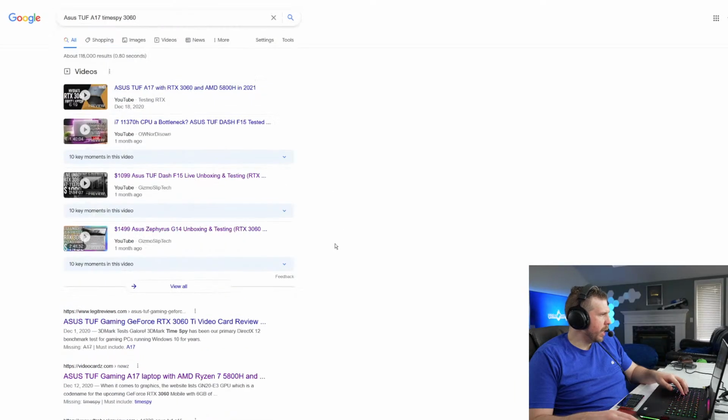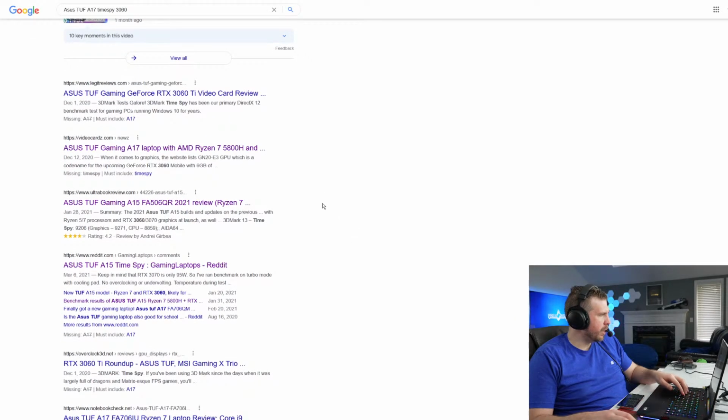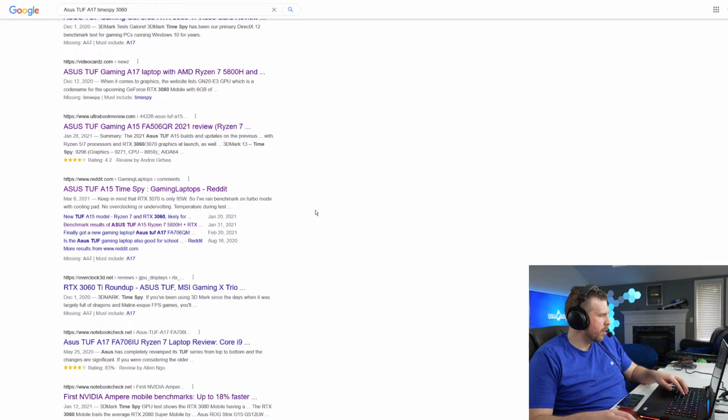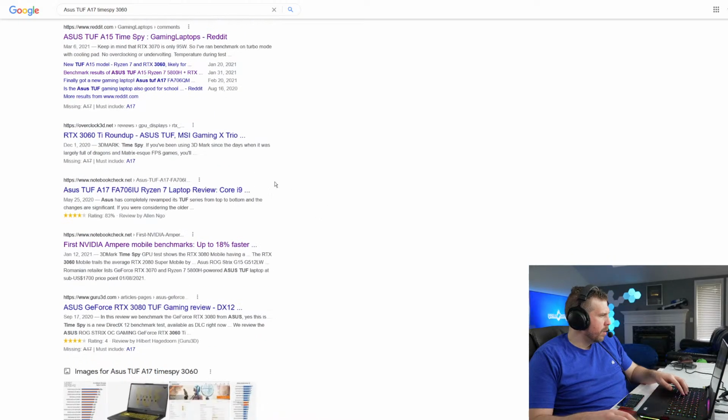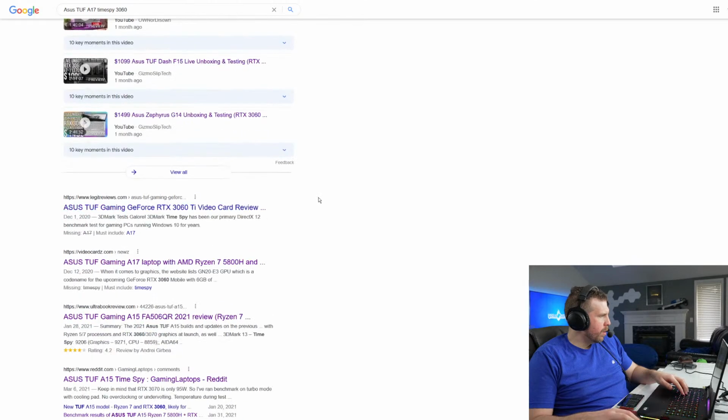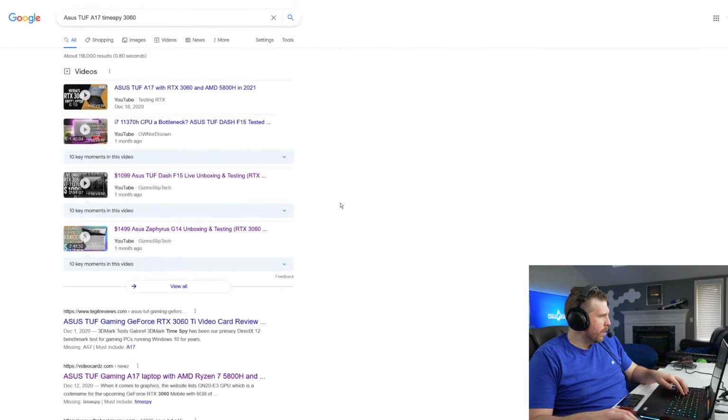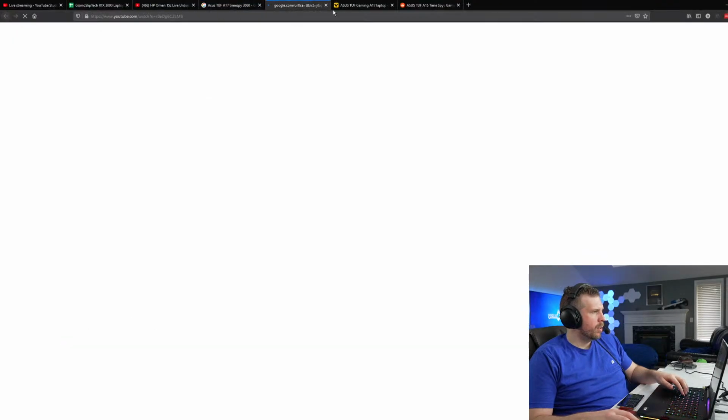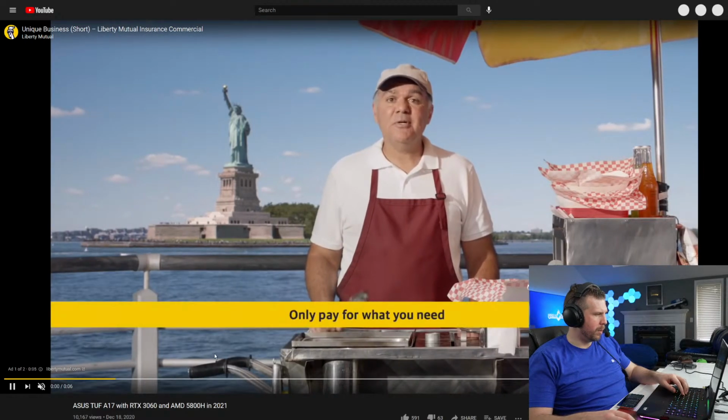So yeah, I'm seeing A15 links, but not A17. It's such sparse data right now for some of these laptops because only a few of them seem to have been shipped.